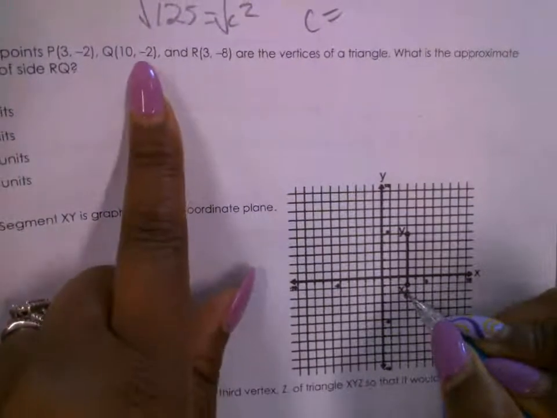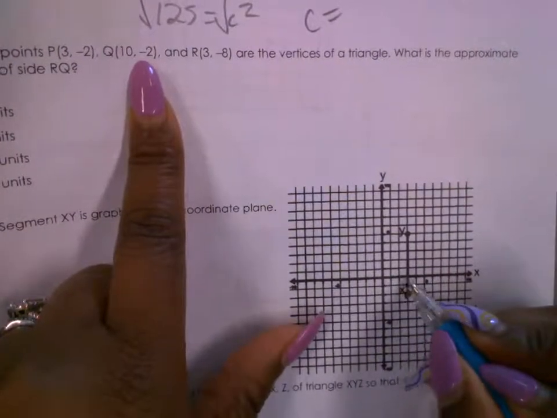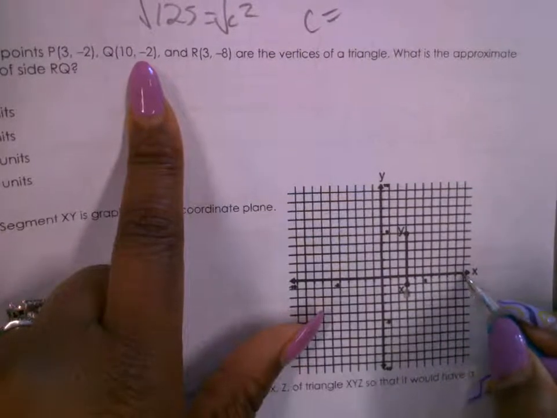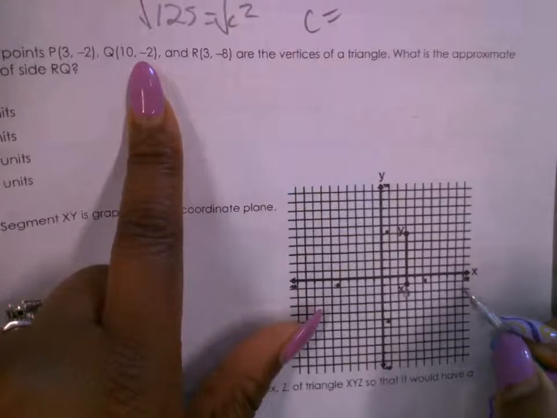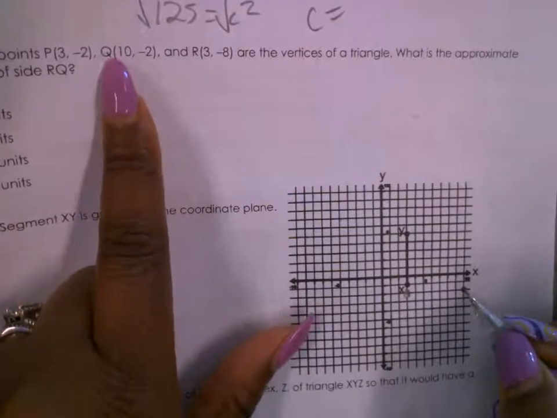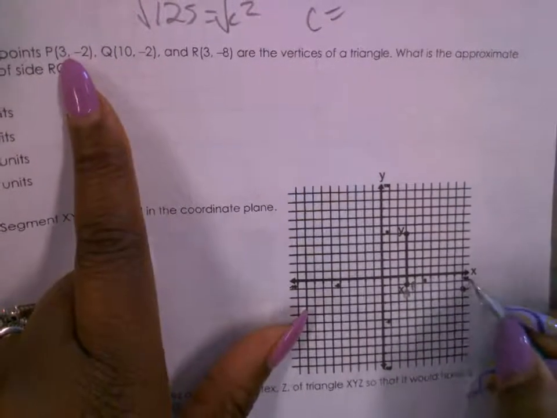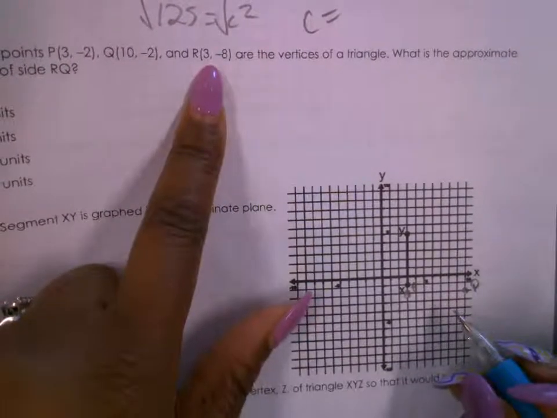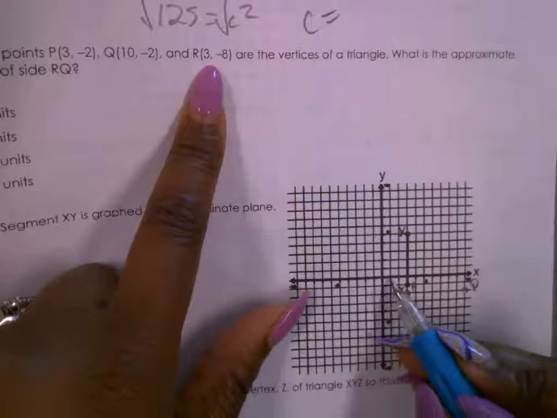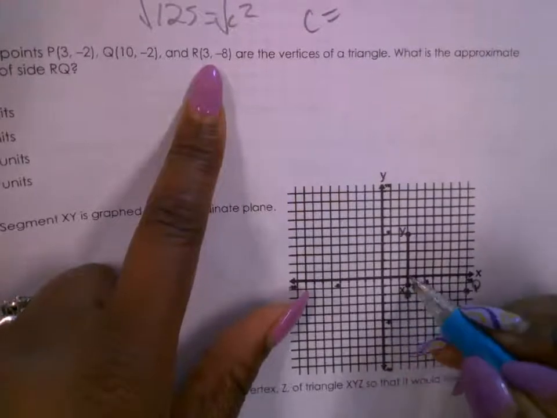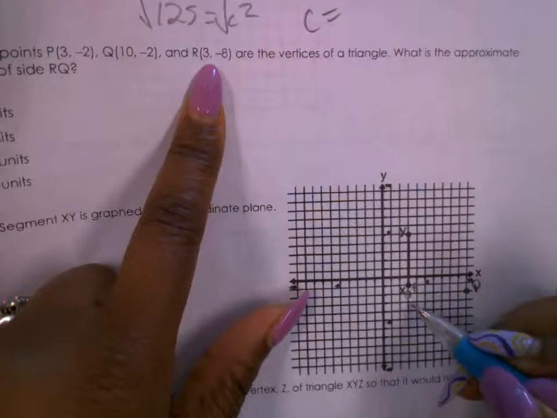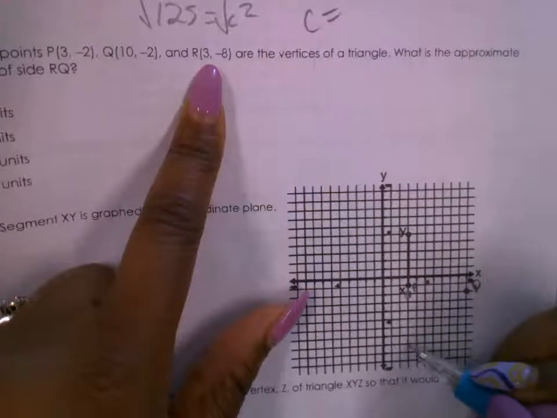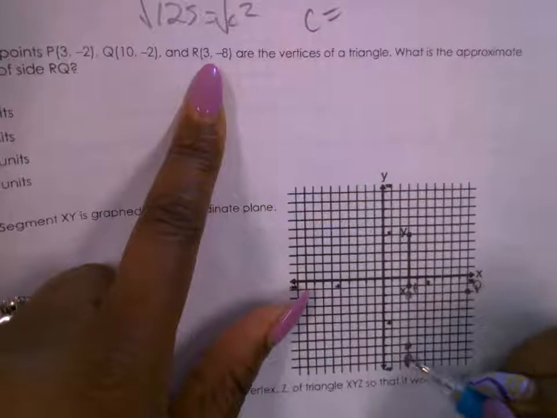Then you're graphing 10, 1, 2, 3, 4, 5, 6, 7, 8, 9, 10, and -2, 1, 2. Remember, this is P and this is Q. Then graph 3 and negative 8. Positive 1, 2, 3, and negative 8. 1, 2, 3, 4, 5, 6, 7, 8. And this is R.